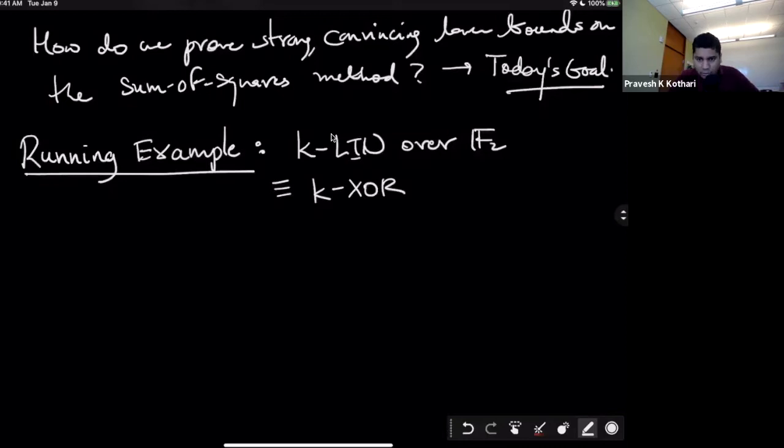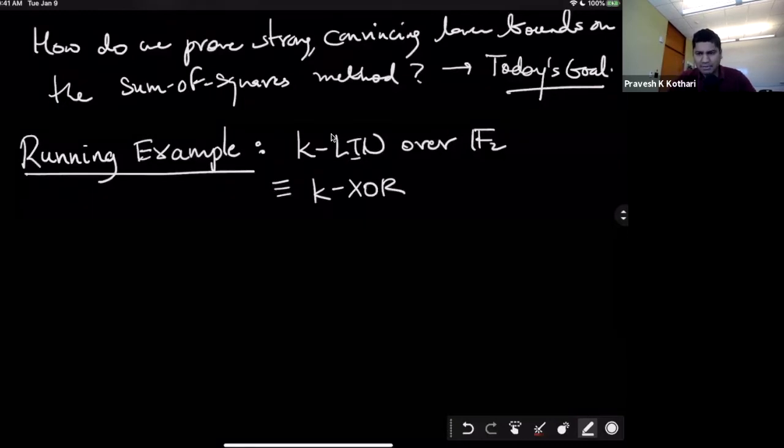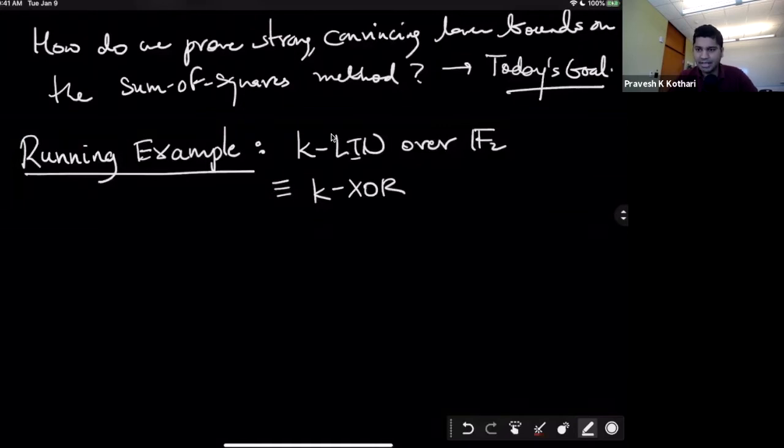And then we'll use that as our main goal for some part of today's class, maybe towards the end, and then all of next class and perhaps the next one too. So today's goal, in disguise, is also to eventually introduce average case problems in the context of the sum of squares method.